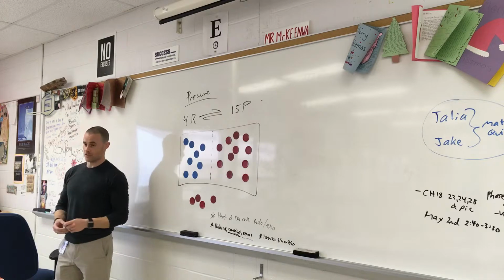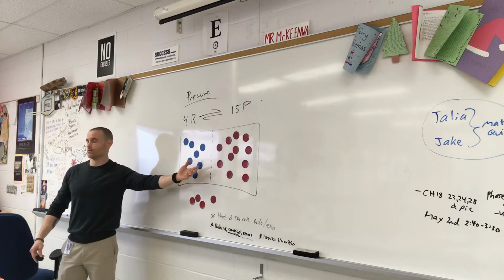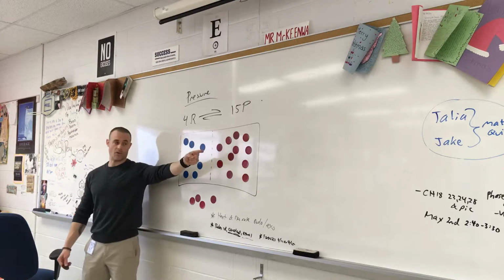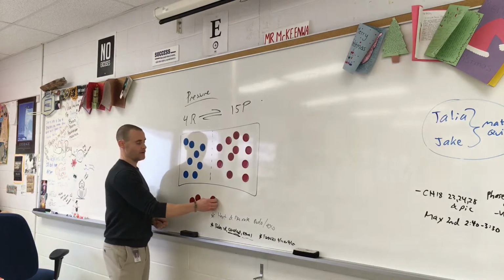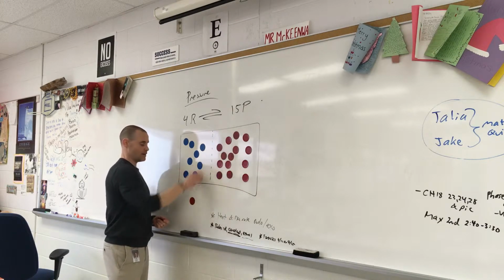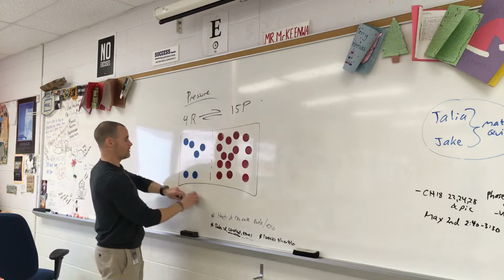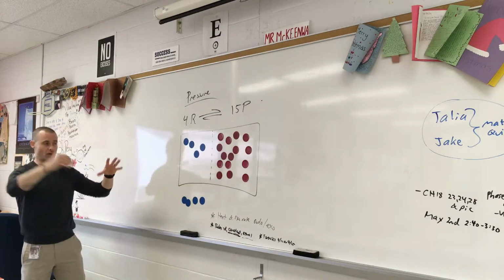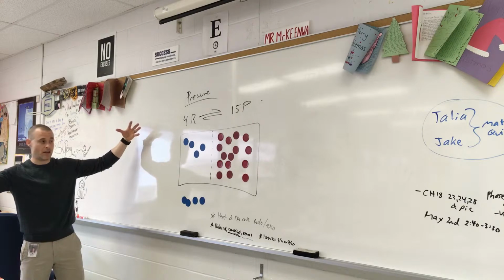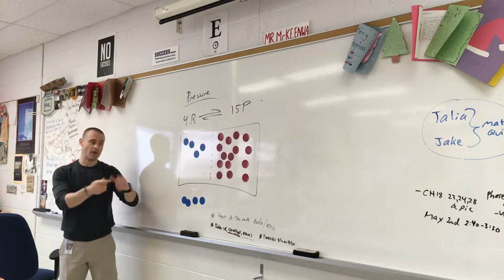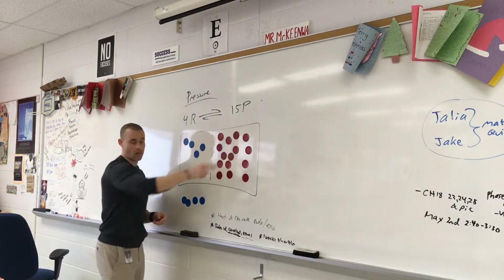Guess what? The opposite is true. And that's where the real life analogy breaks down. If you decrease pressure, now we're going towards the higher number of moles. This is where it's very hard to teach with a concrete example. If you go back to the original scenario and you make these boxes bigger, you expand the container that you're in so there's more space, what actually happens is the reverse. Now these are going to want to go over here.